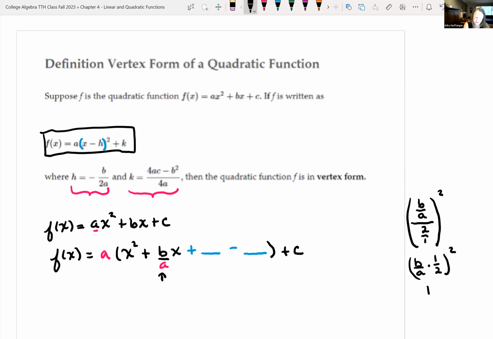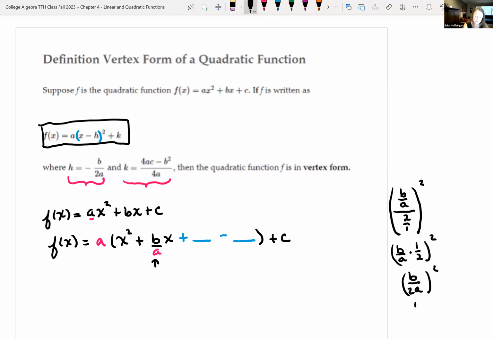So we have b over 2a quantity squared. And then if I square my numerator, b squared all over 2a quantity squared is 4a squared. So I'm going to add this number, b squared all over 4a squared. And I'm going to subtract that number, b squared all over 4a squared.